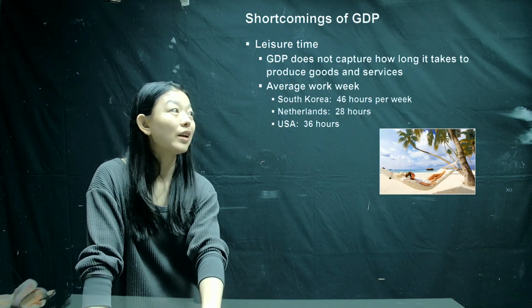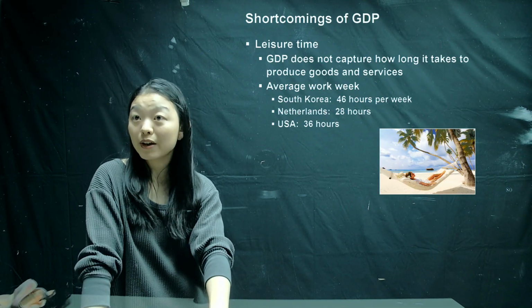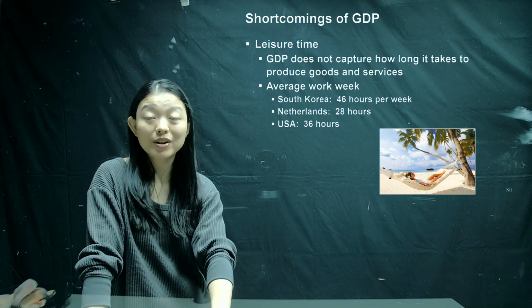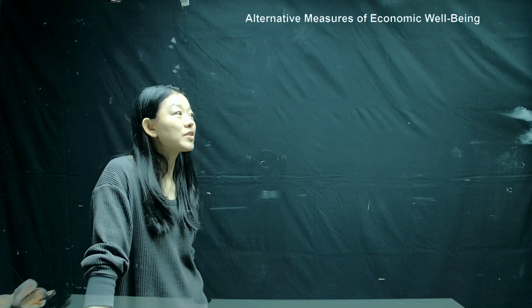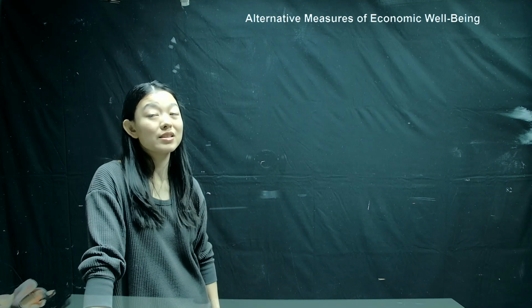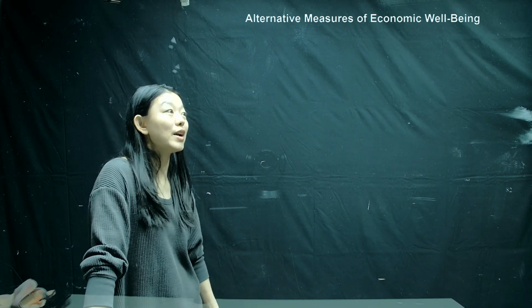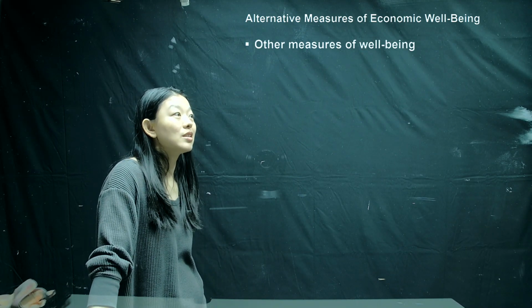So this is what we said. GDP actually is a good indicator to measure economic growth, but it also has its own shortcomings. Therefore, some economists suggest alternatives to GDP to measure economic well-being.